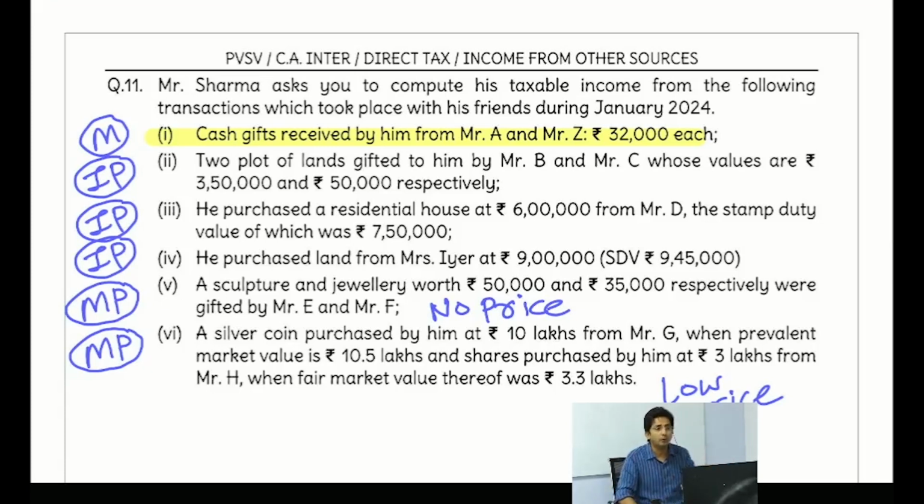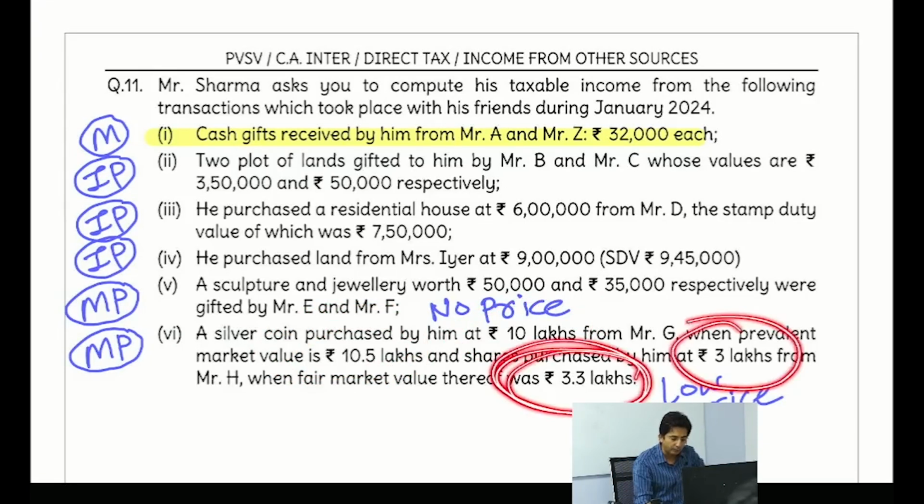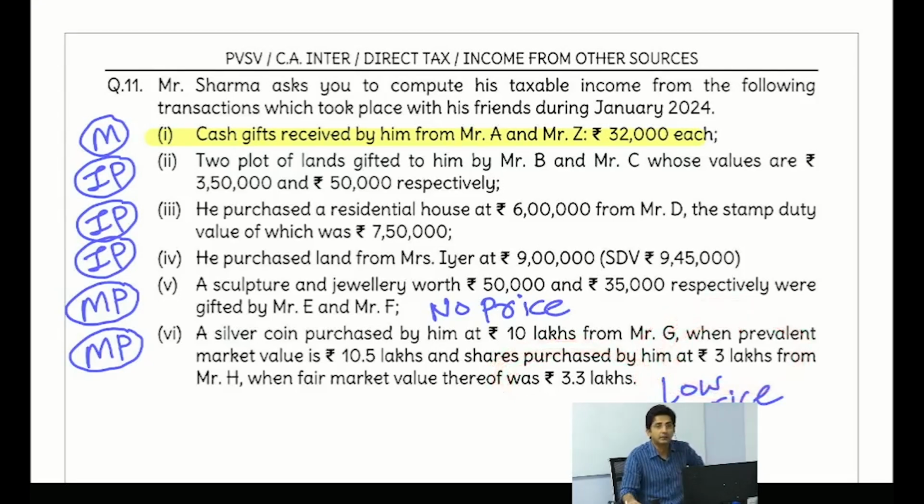So tell me what will be the answer? In low price you have to catch the difference. So what is the difference? Silver of 10 lakh 50,000, we paid only 10 lakhs, so difference is 50,000. And in shares 3 lakh 30,000, we paid only 3 lakhs, difference is 30,000. So in silver you are getting a benefit of 50,000, in shares a benefit of 30,000. Aggregate 80,000, which is more than 50,000. Fully taxable.